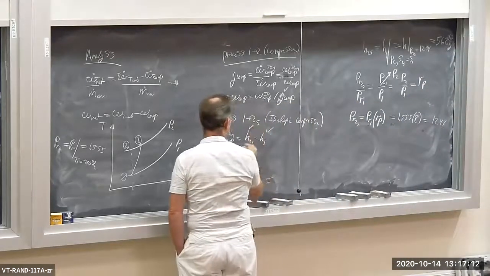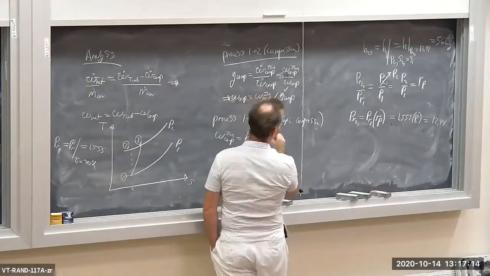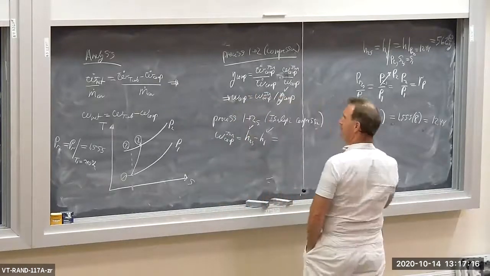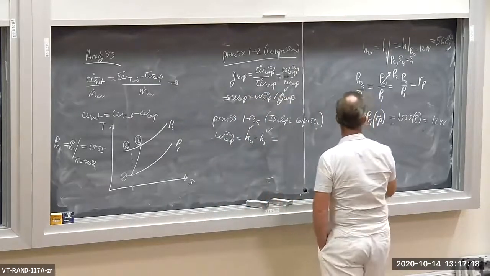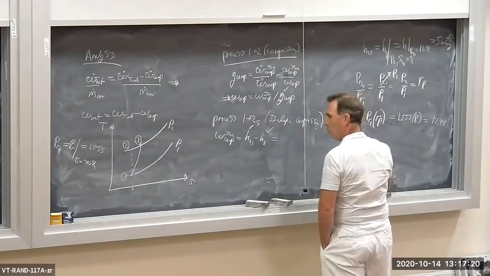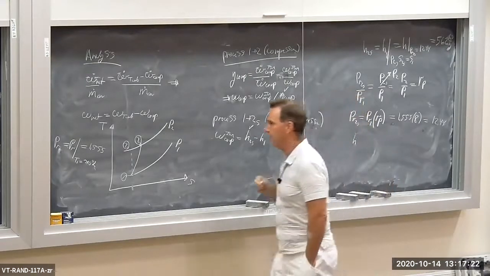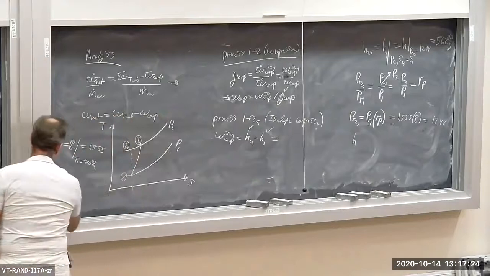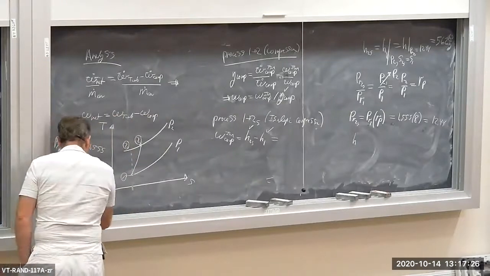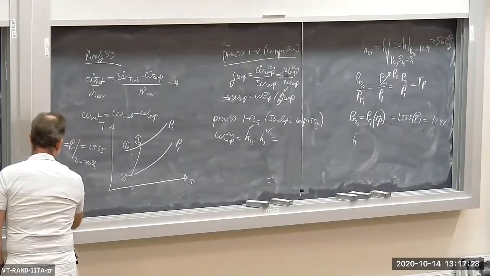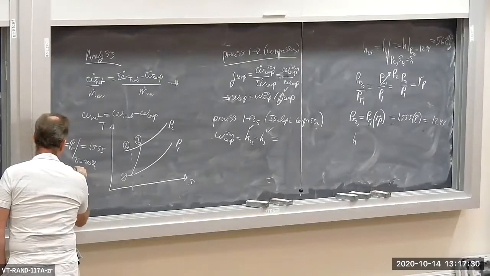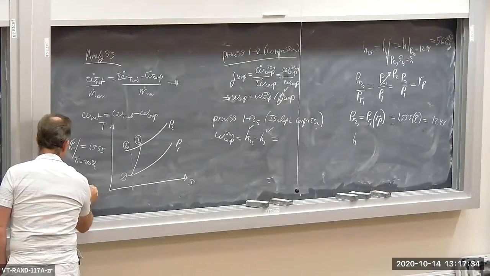Okay, so now I have H2 sub s. Let's see here. What's H1? I don't have an H1. Let's do it over here. H1 is H evaluated at T1, which is 310 degrees Kelvin.